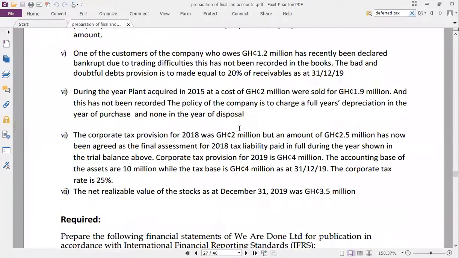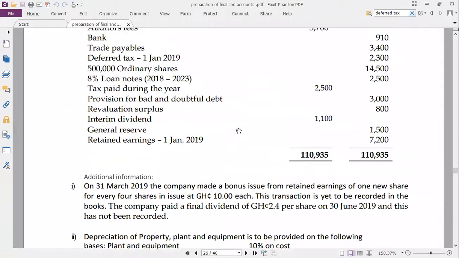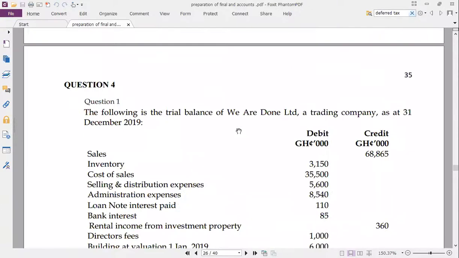Then let's see question 4. Question 4 we are done. Yes. So we are done, finish hard, and it's well. You are doing the tax aspect. So now everything about tax, now you can treat that. Good.